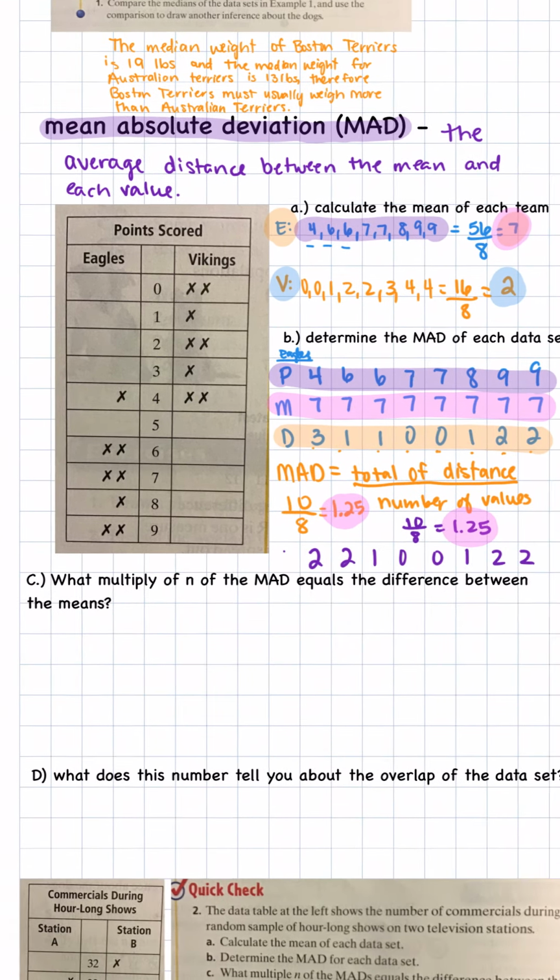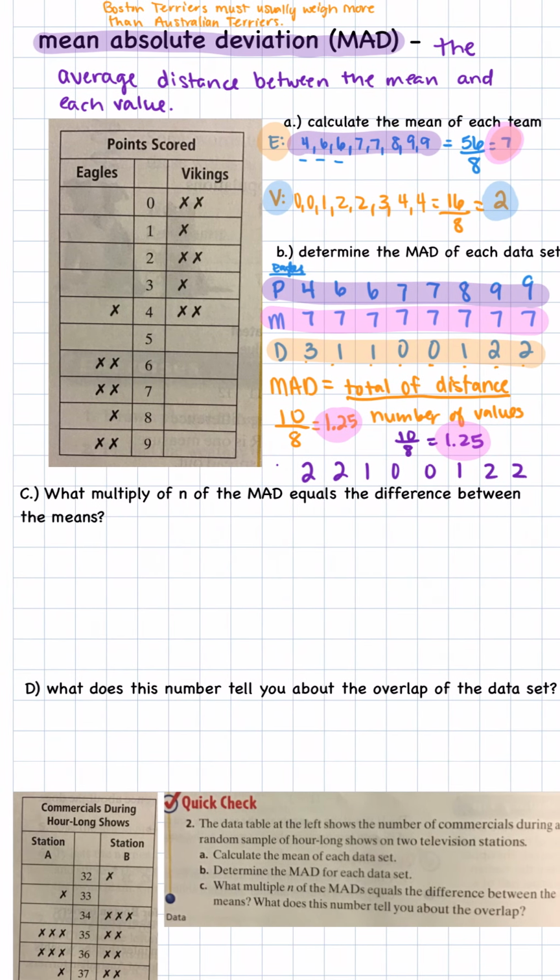So what multiple, sorry, spelled wrong, should be an E here. What multiple of the MAD equals the difference between the means? So the MAD times n equals the difference.